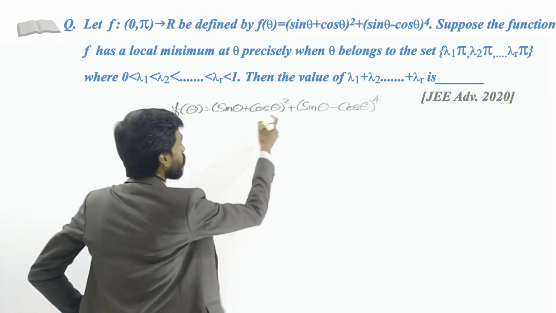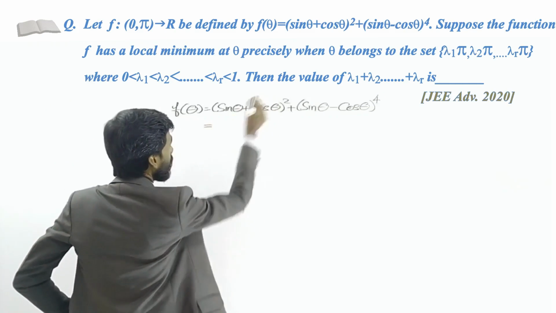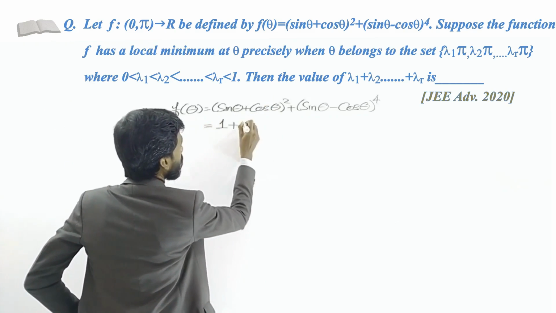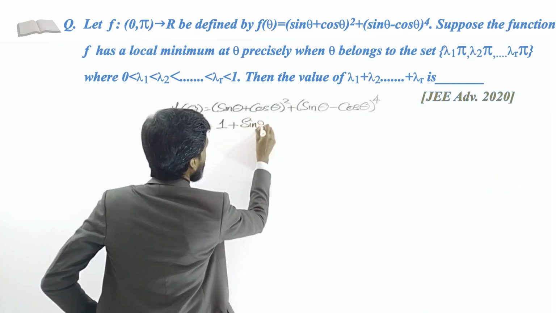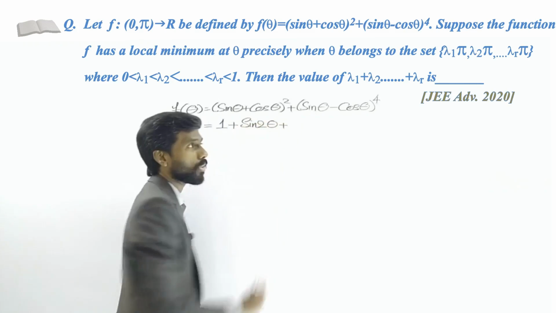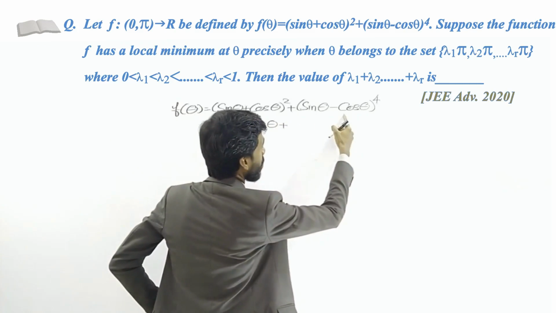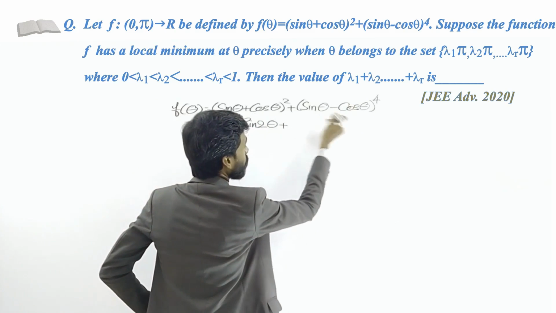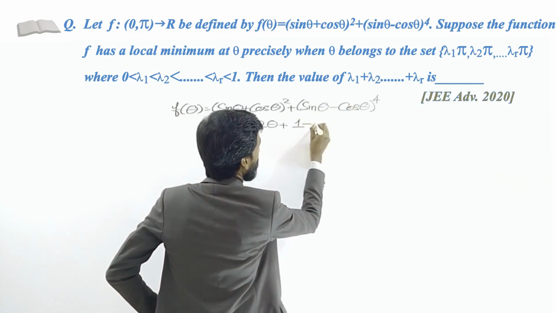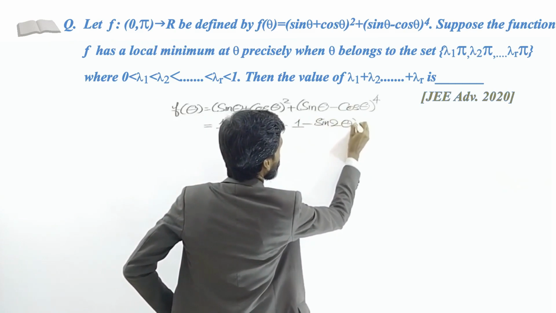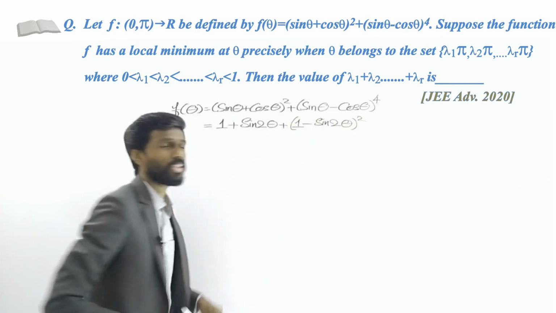So (sin theta plus cos theta) squared is sin square theta plus cos square theta, which is 1, plus 2 sin theta cos theta, which is sin 2 theta. Similarly, this is power 4, so we first square and then square again. (sin theta minus cos theta) squared is sin square theta plus cos square theta, which is 1 again, minus 2 sin theta cos theta, so that is 1 minus sin 2 theta, squared. Yes, so this is our required function.